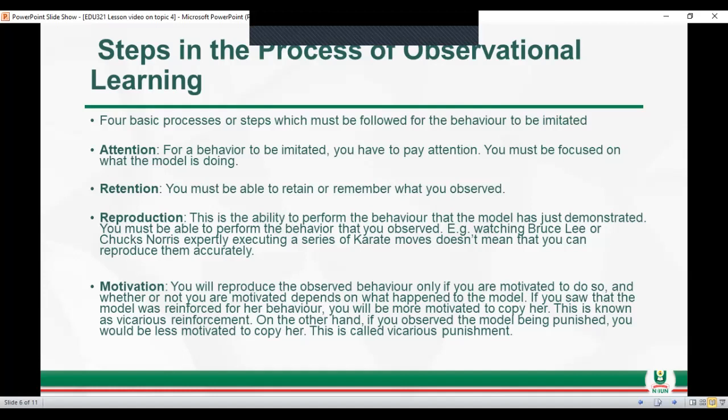If you pay attention to that individual's behavior, and you are able to remember the actions being displayed, it remains that you have the ability to perform the behavior. If you don't have that ability, the behavior might not be manifested.